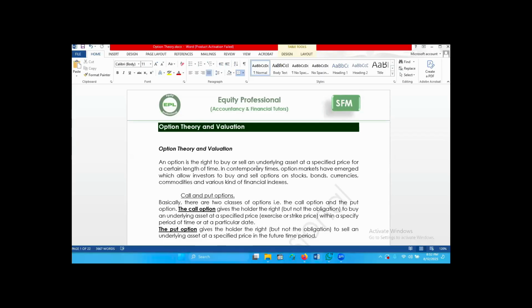The first point: what is an option? An option can be defined as the right to buy or sell an underlying asset at a pre-specified price within a specified future period.